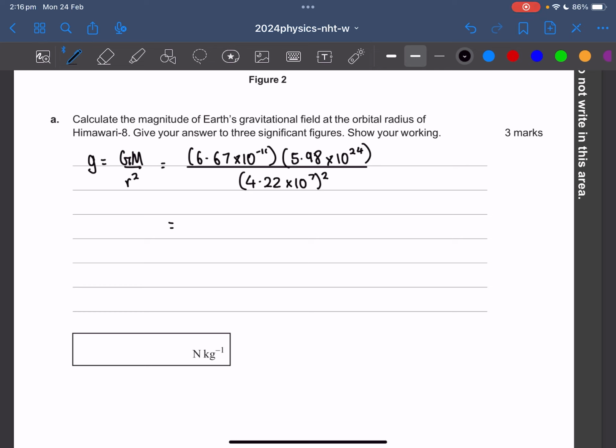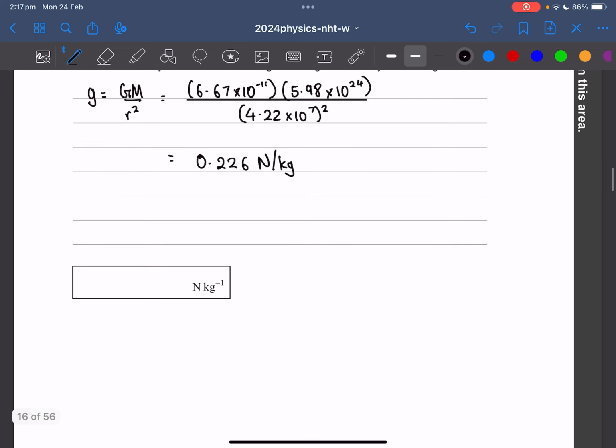So we get 0.226 newtons per kilogram. 0.226 newtons per kilogram.